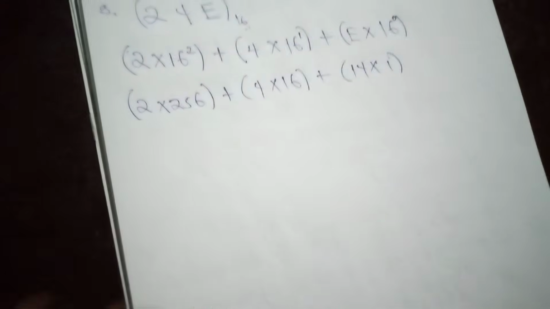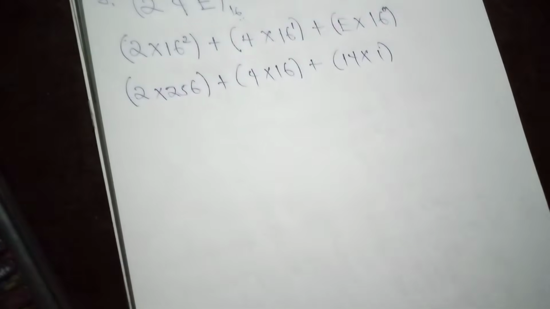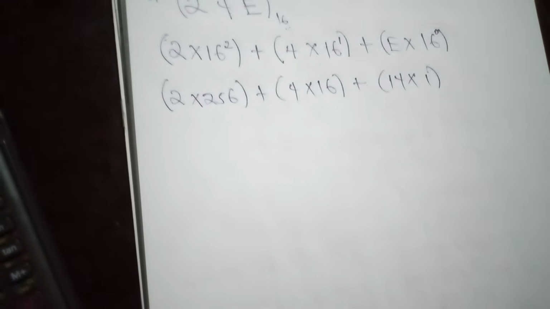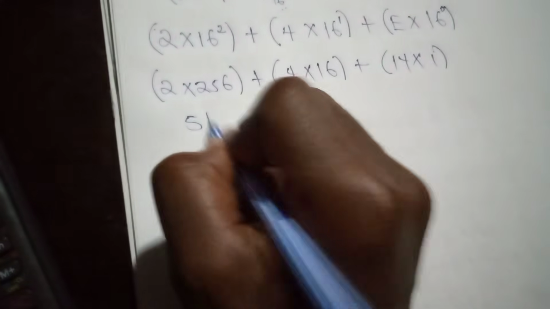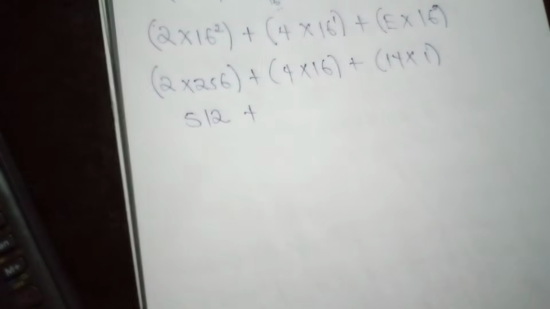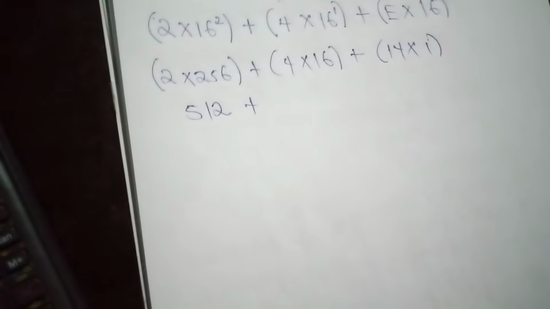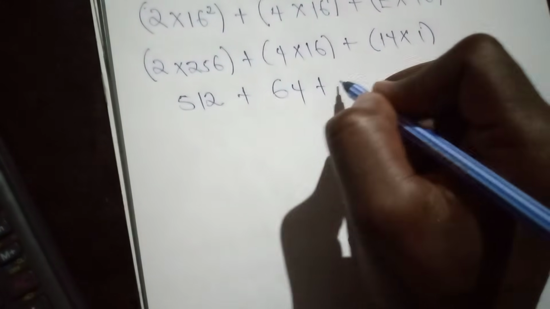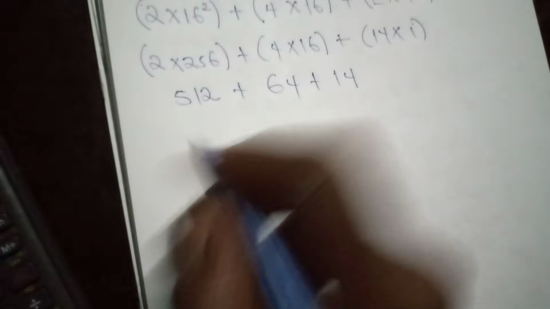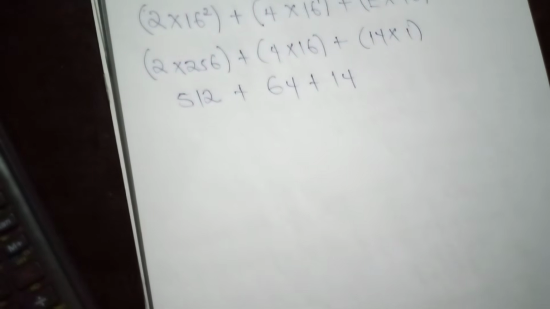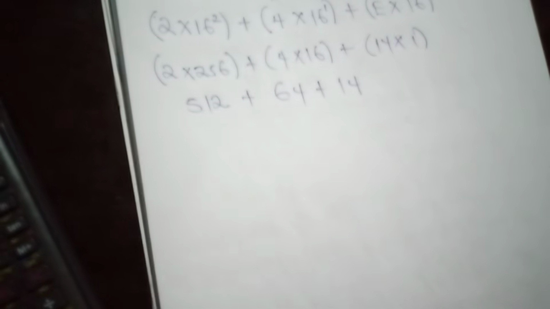After you multiply, 2 times 256 is 512, plus 4 times 16, that is 64, plus 14.